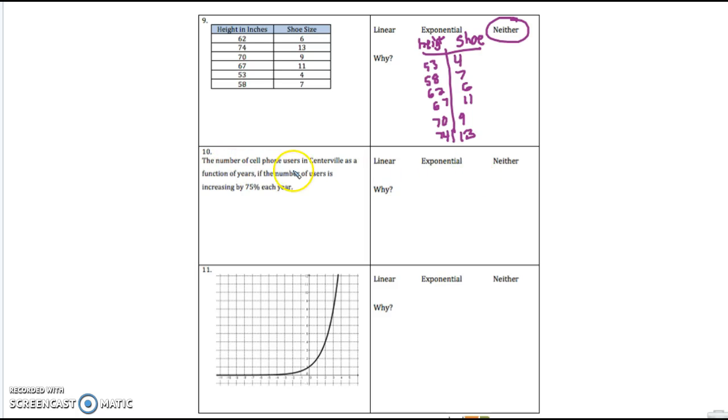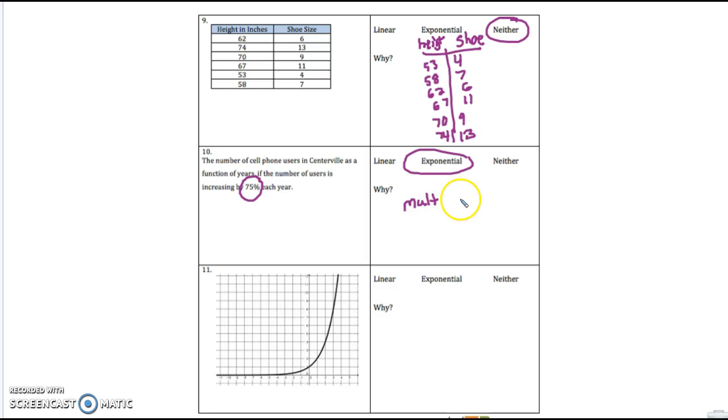The number of cell phone users in Centerville as the function of years, if the number of users is increasing by percent, that should show us percent. That means we're multiplying each time.